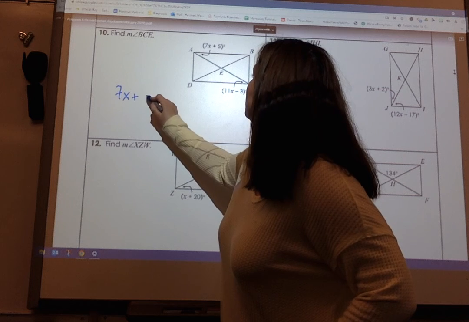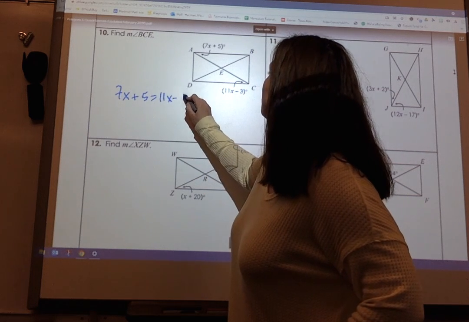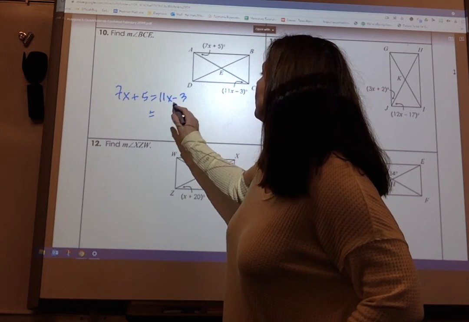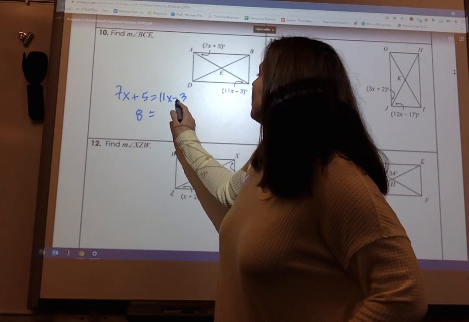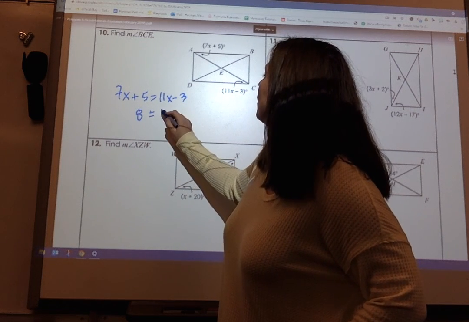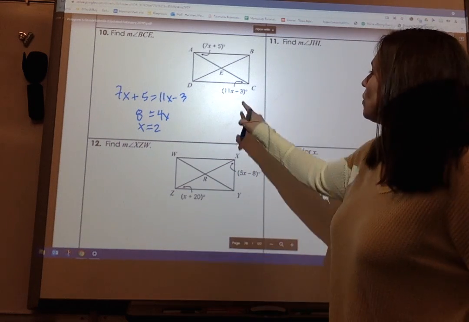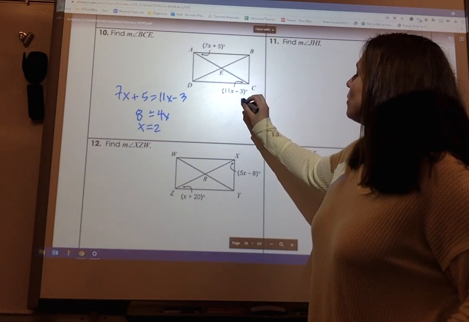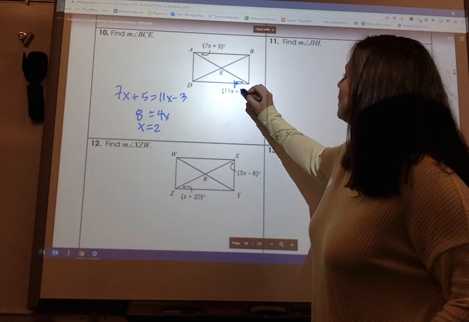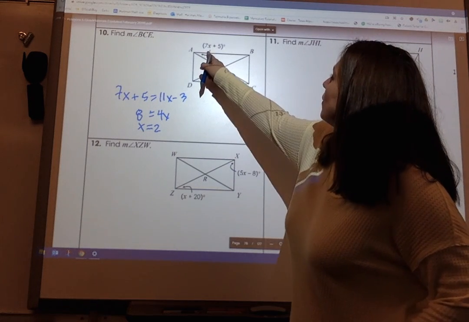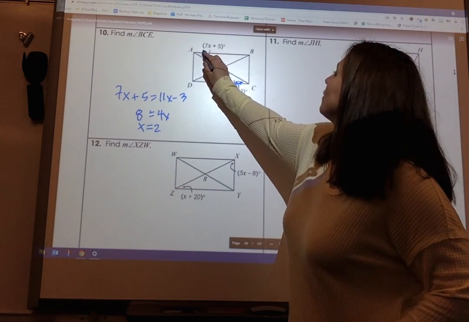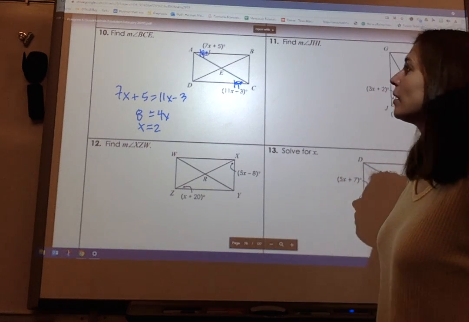So 7x plus 5 equals 11x minus 3. And so when I do that, I get 8 equals 4x. x then equals 2. So when I plug in 2 here, 22 minus 3 is 19 degrees. 14 plus 5 is 19 degrees. And of course, that's how you check yourself.